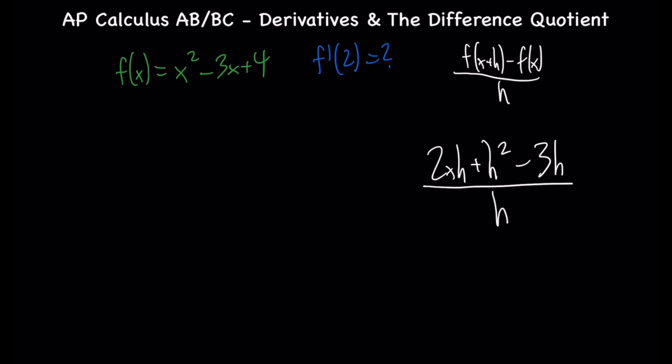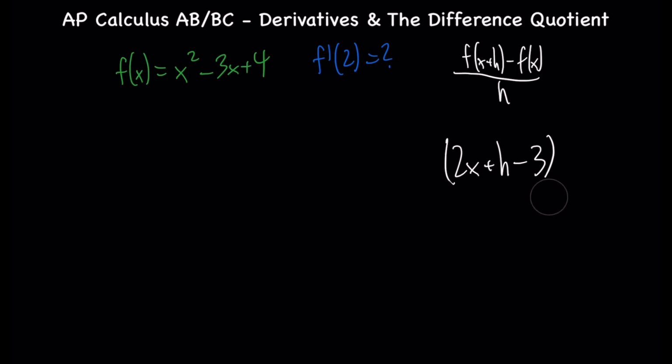Now, here, you can factor out the h's. Okay, so you can factor out h from the numerator, and then you can cancel them out from the denominator.